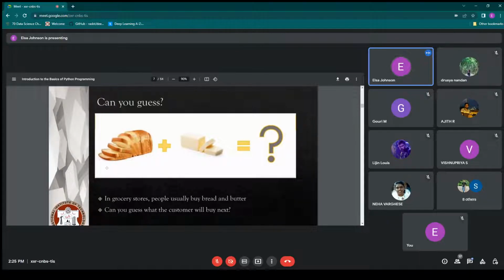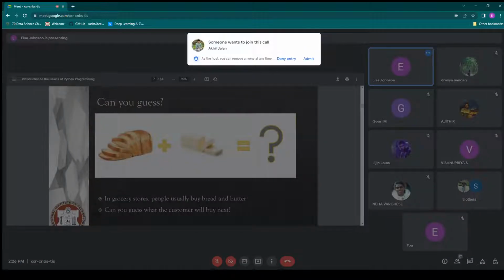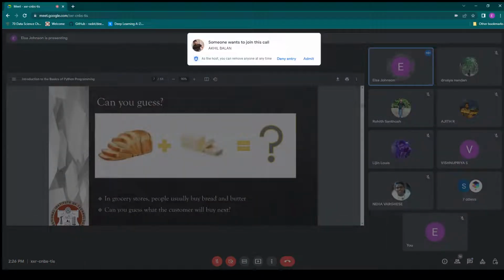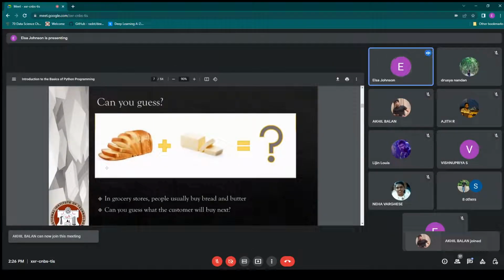So if the customer is interested like this, you can see that the shopkeeper who is in charge of placing the items in the shop can think of this buying pattern. For increasing the sales, he can place a rack of milk and a rack of jam next to the bread and butter portion.